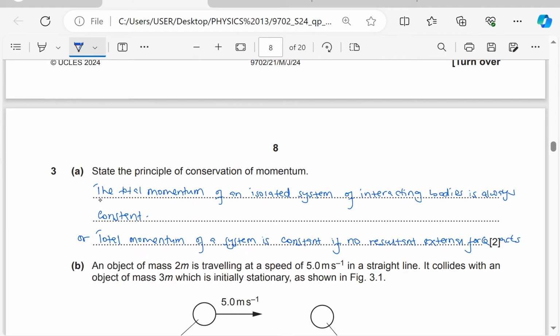So of course, if there is no resultant external force, then the system is considered to be isolated. Instead of using the word isolated, I would use closed. A system on which there is no resultant external force is considered to be closed or isolated.